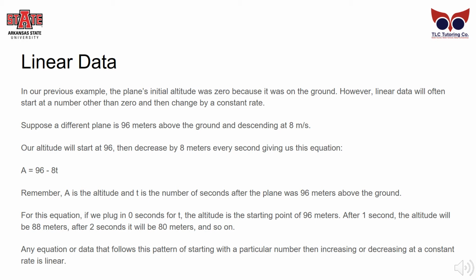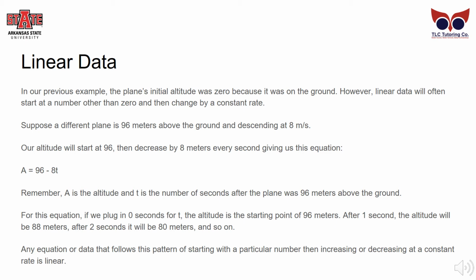Suppose a different plane is 96 meters above the ground and descending at 8 meters per second. Our altitude will start at 96 and then decrease by 8 meters every second, giving us this equation. A equals 96 minus 8t. Remember, A is the altitude and t is the number of seconds after the plane was 96 meters above the ground.